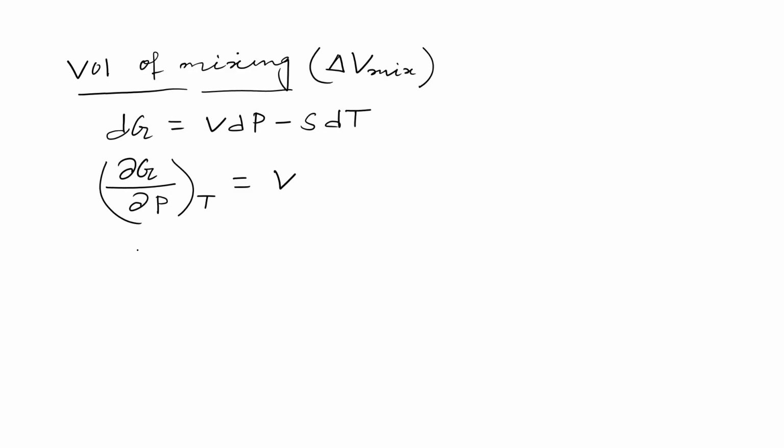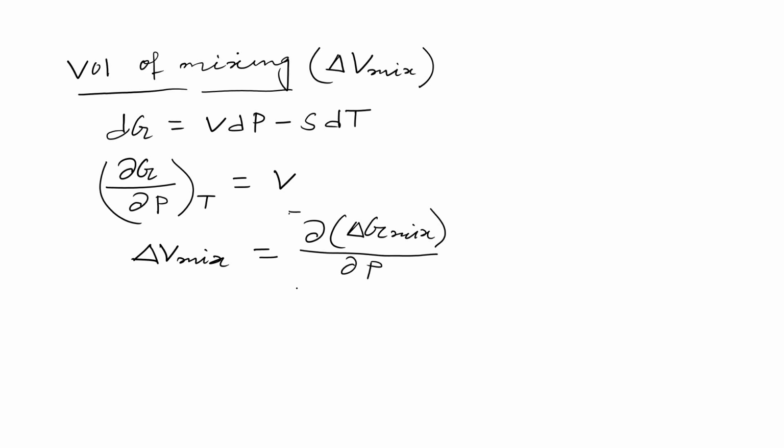So what will delta V mixing be? Delta V mixing is equal to the partial derivative of delta G mixing with respect to P at constant temperature.